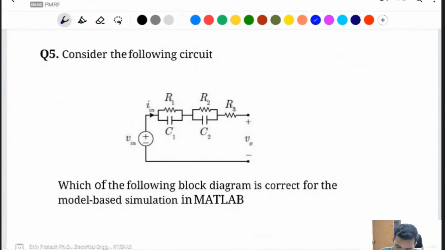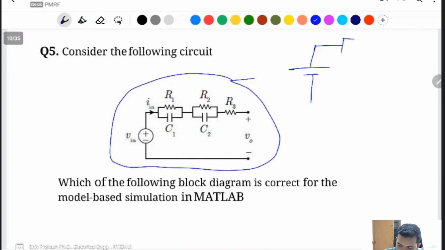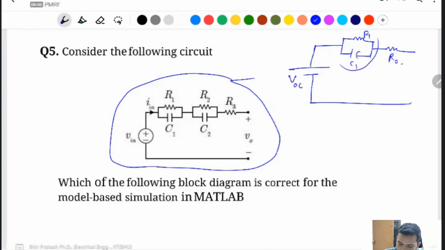If you look here, this circuit is the same as a battery equivalent circuit diagram with a 2 RC parallel circuit. You know the battery model as one RC circuit. This one is a simple circuit, this one is the internal resistance, and this one is the time constant of the battery. The output is the terminal voltage.